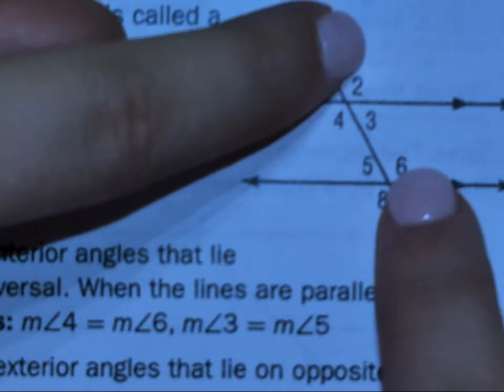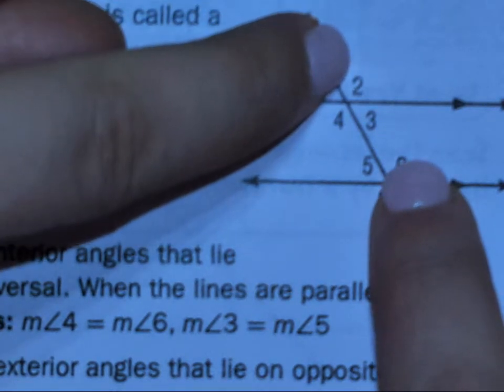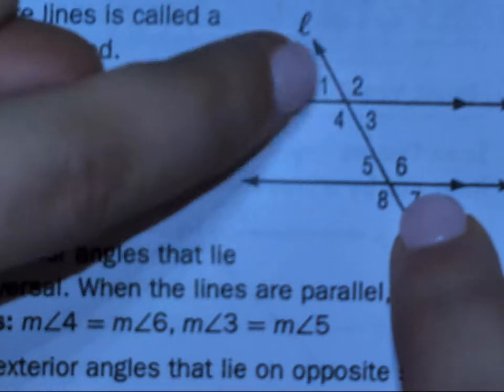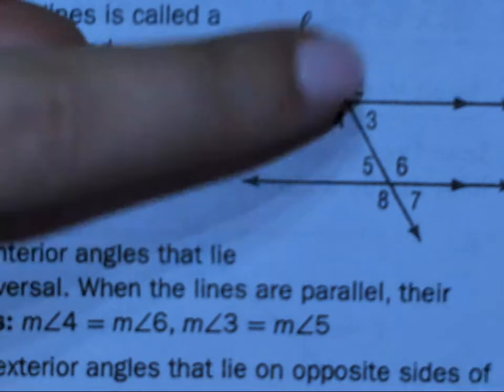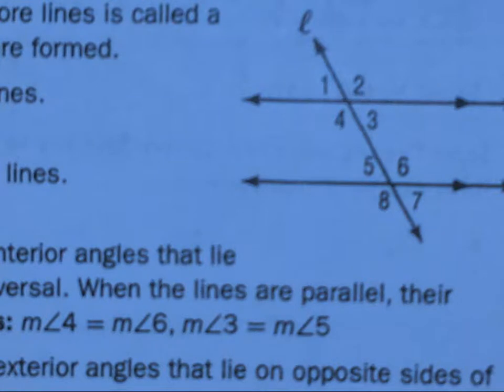Okay. 2 and 6, they are in the same position. So they're corresponding angles. 3 and 7 are corresponding angles. 4 and 8 are corresponding angles. Okay. So what do you think we know about the measures of corresponding angles? They're all the same? They're going to be the same as well.